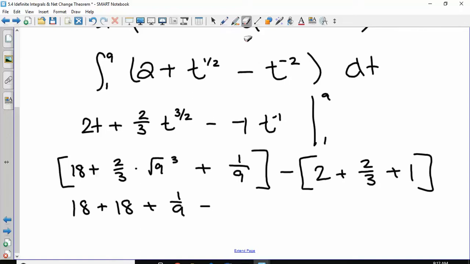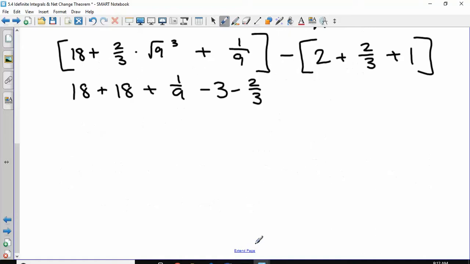Over here, let's see, 2 plus 1 is 3, so we'd have a -3 minus 2/3. So 36 minus 3. This would be like negative 6 over 9. So 1 over 9 minus 6 over 9 is negative 5 over 9.